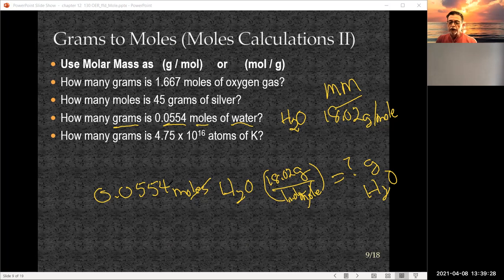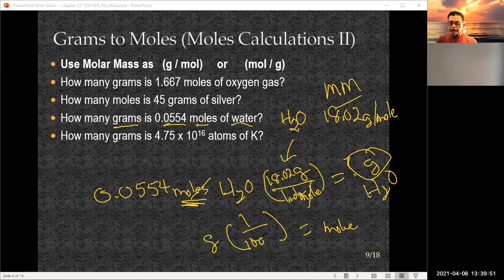Okay. Now you might be noticing a trend here: when you start with moles and want to get to grams, you multiply by the molar mass. The other way around, if I start with grams and want to get to moles, guess what? I am dividing by the molar mass.